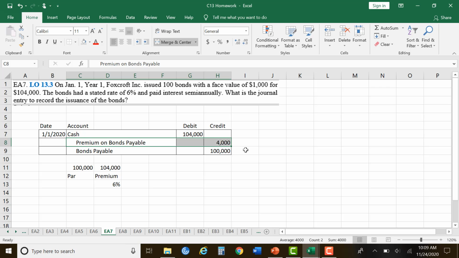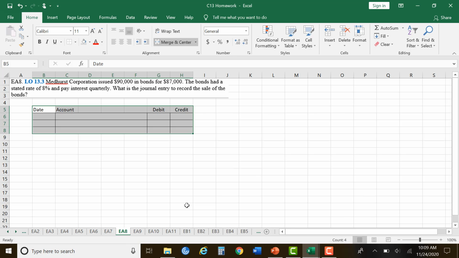So E8, we are taking Medhurst Corporation issued $90,000 in bonds for $87,000. The bonds had a stated rate of 8% and pay interest quarterly. What is the journal entry to record the sale of the bonds?